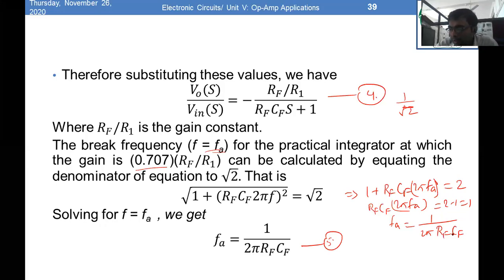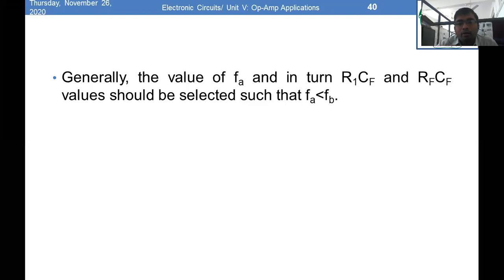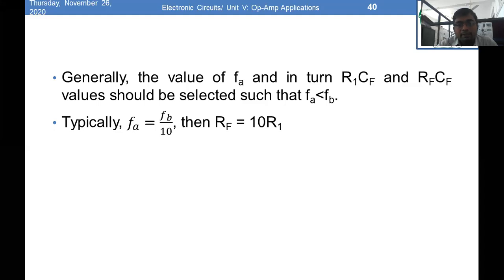So at this breaking frequency, what happens? Your gain decreases by 3 dB, or to 70% of the maximum gain. Generally, the value of FA in terms of R1 CF or RF CF should be selected such that this breaking frequency is always less than the unity gain frequency.